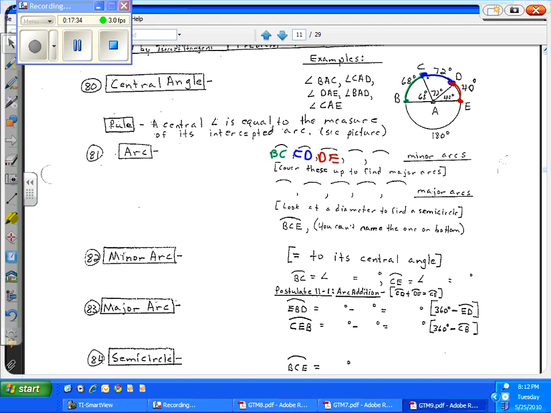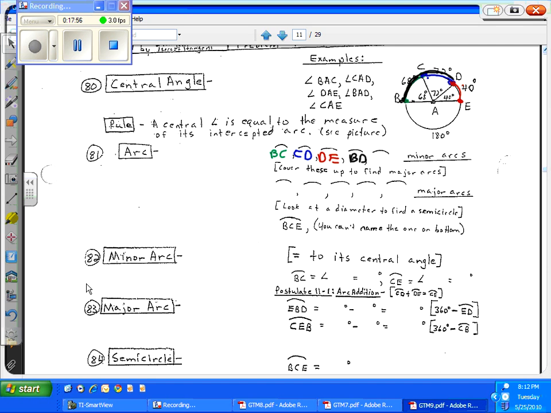You may say, well, you got some more arcs there. Where are you going to get the other ones? Well, you can double up, right? From B all the way to D, that's still less than a semicircle. It looks kind of big, but it's still a minor arc because it's still less than 180 degrees. It's less than a semicircle, so arc BD.